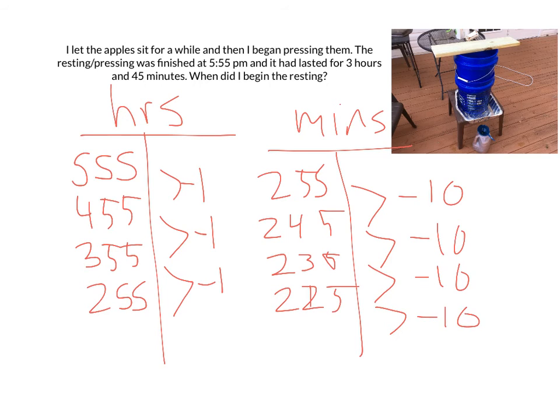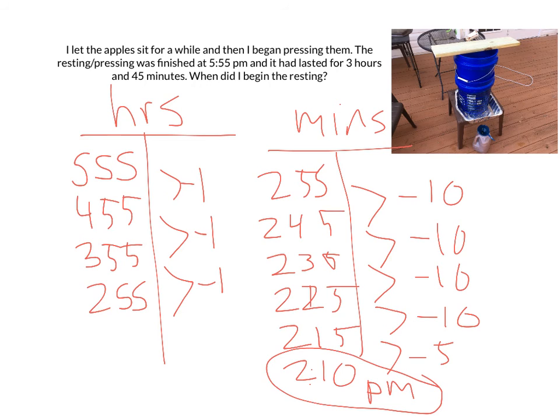Another 10 minutes puts me at 2:15. That's a total of 40 minutes there, and I have 45, so I'll count back another 5 minutes. That'll put me at 2:10. So 2:10, I'm still PM because I never cross over noon. 2:10 p.m. is my final time.